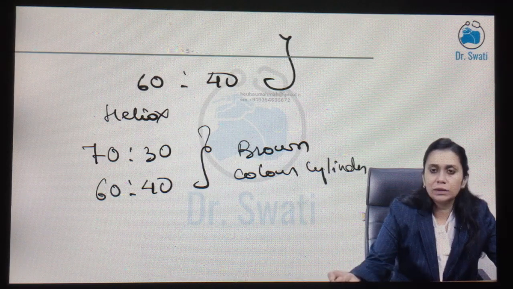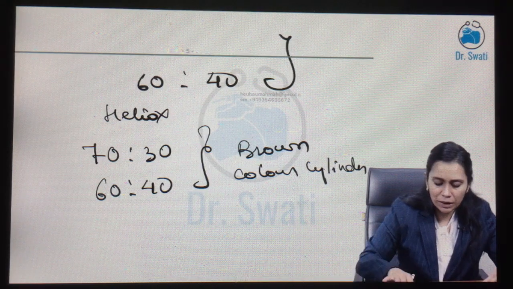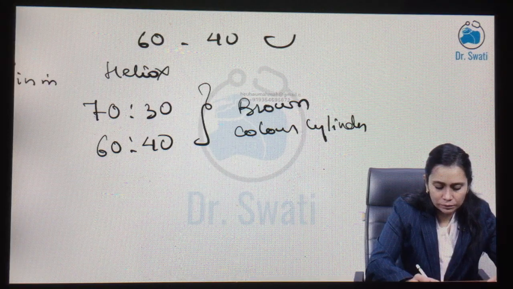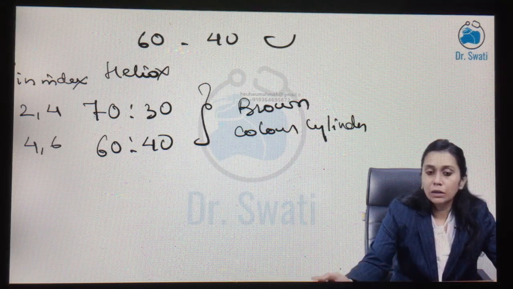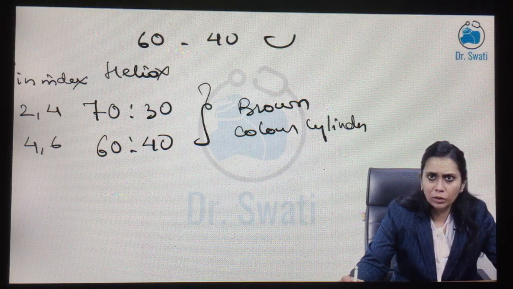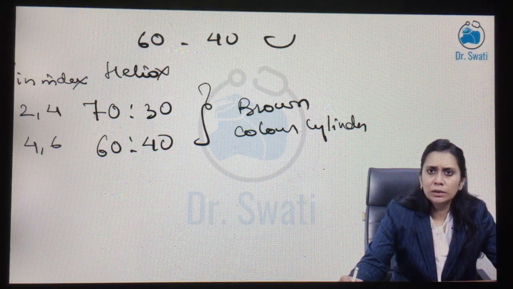Both are stored in a brown color cylinder. And they have pin indexes 2, 4 and 4, 6. Got it? So this is what heliox is. Sometimes asked in exam, so keep it in mind. Okay? This is all about cylinders.